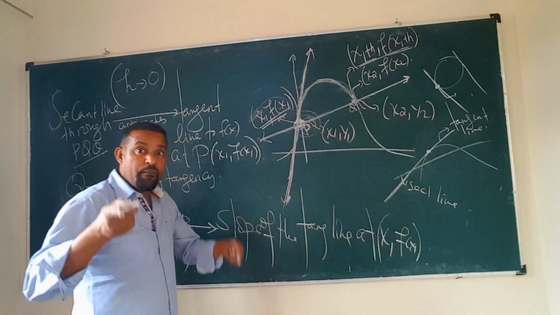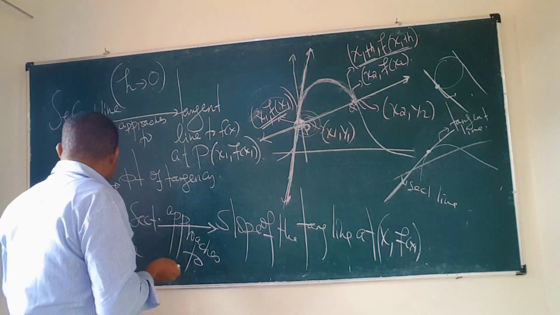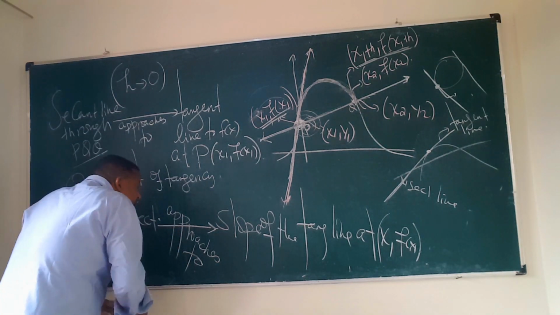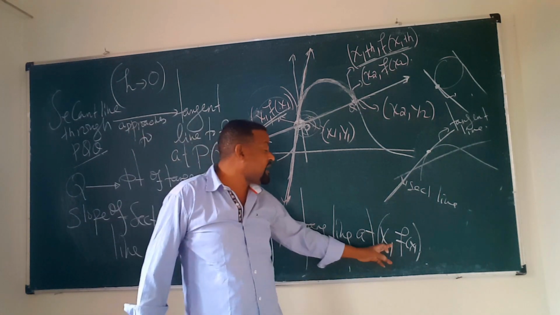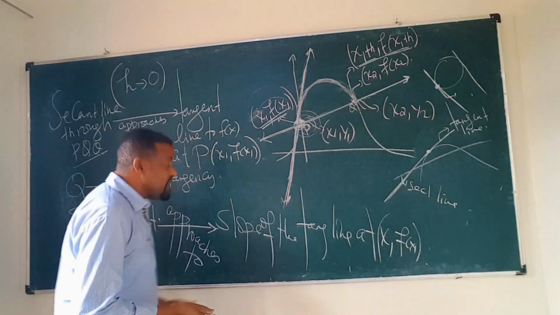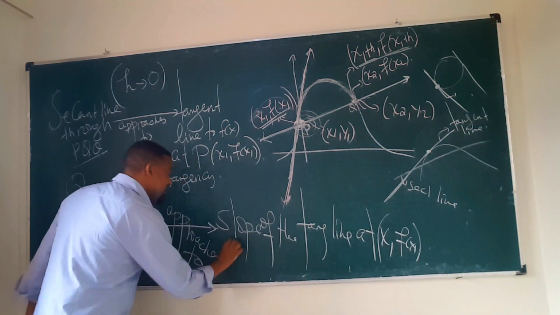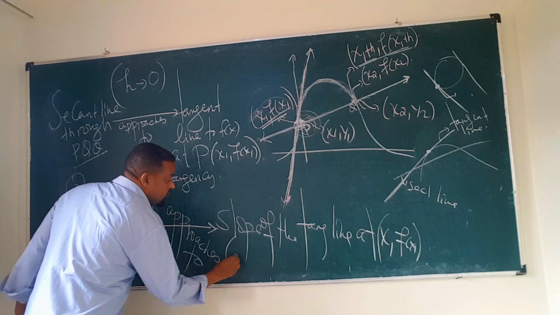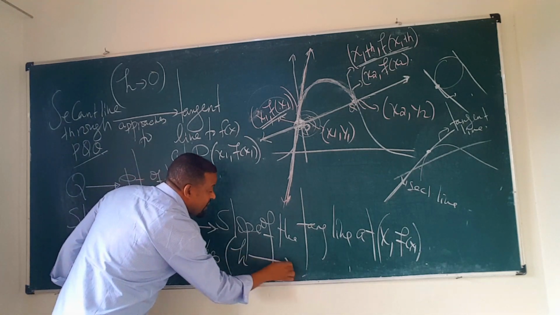Note that the slope of the second line approaches the slope of the tangent line at the point x1, f of x1. When does this happen? When the value of h is getting what?